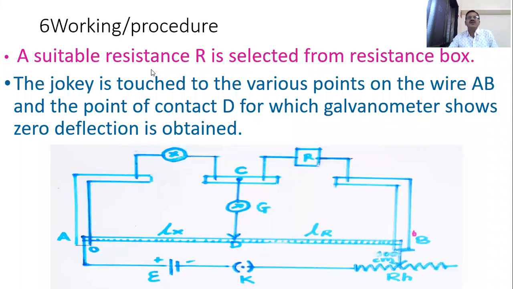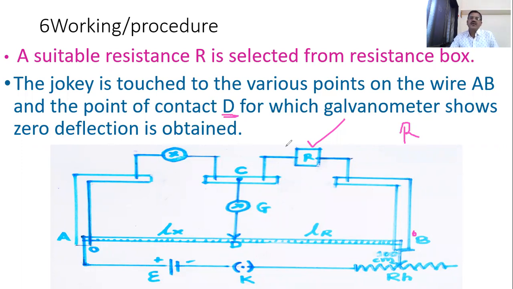Then a suitable resistance R is selected from the resistance box. The jockey is touched to various points on the wire AB, and the point of contact D, for which the galvanometer shows zero deflection, is obtained.